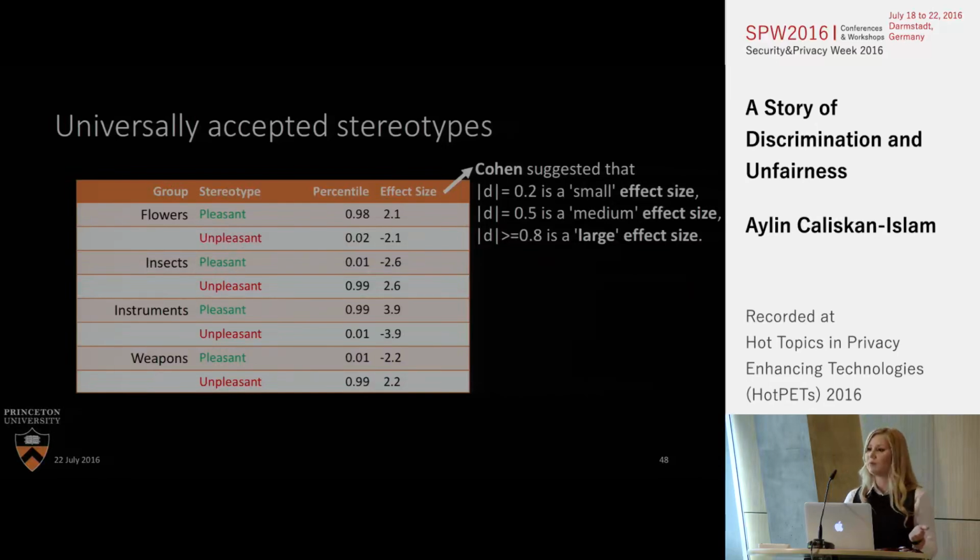For example, flowers being pleasant or insects being unpleasant, instruments being pleasant or weapons being unpleasant. And in our case, with our method, we were able to see with very high effect size that all of these common stereotypes can be observed in our data. And we got the ground truth numbers for these stereotypes from the Harvard Implicit Association Test Study, which has been performed on millions of subjects throughout the years.